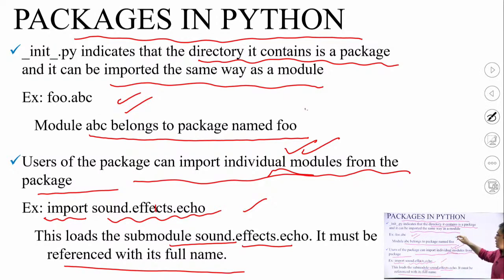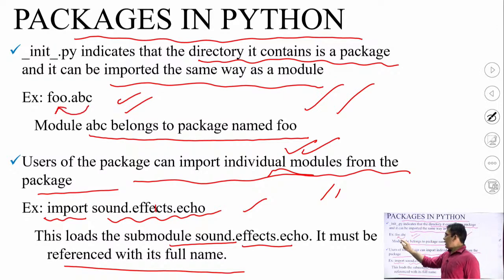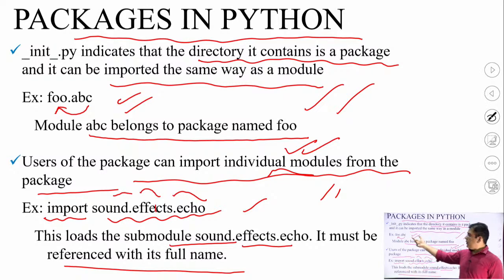So this is an example of defining a module within a package, or importing a package or sub package with the help of the import statement. Here first I have declared the module within a package, and this package must contain the __init__.py file.